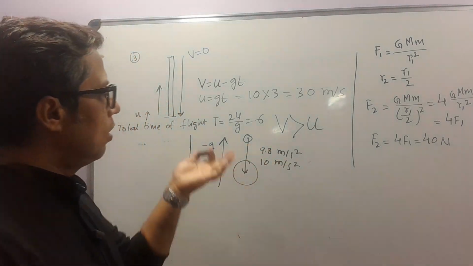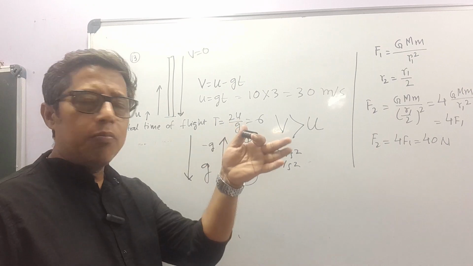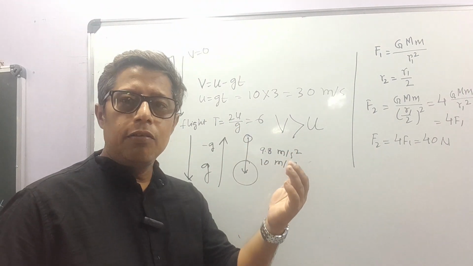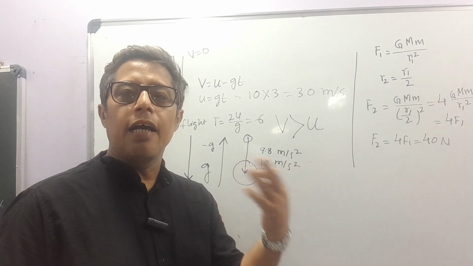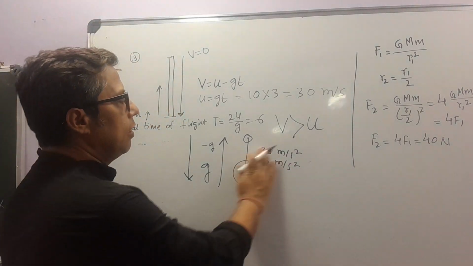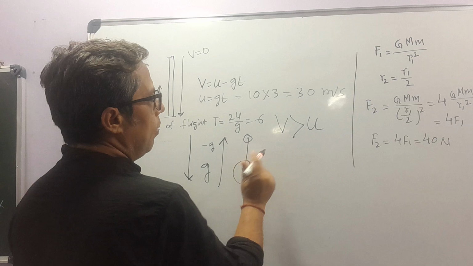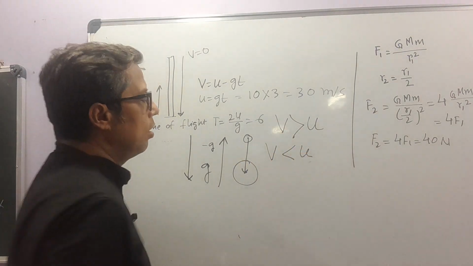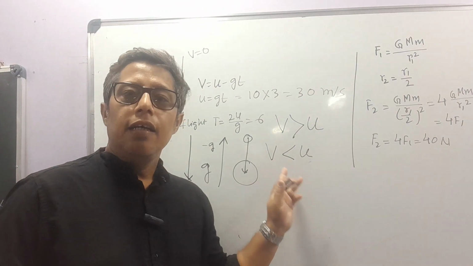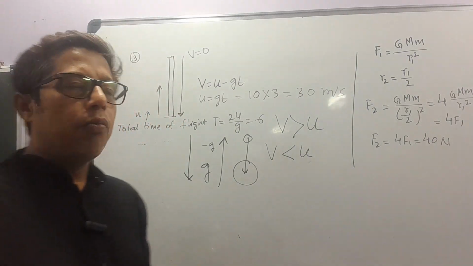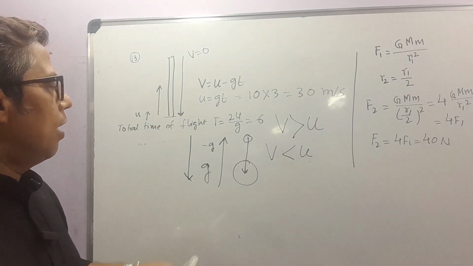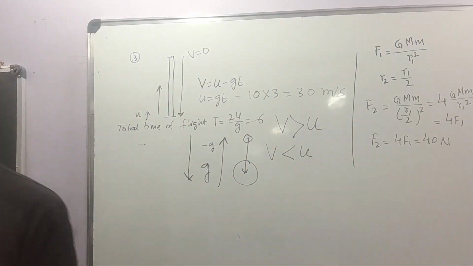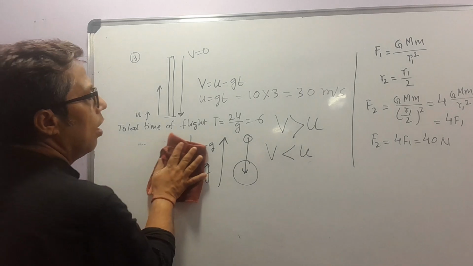But in vertical or linear motion, when the final velocity is increasing with respect to the initial velocity, we say it's accelerating motion. And when the final velocity is getting reduced compared to the initial velocity, we say it's retarding motion. Now in our case, the object is going up, so it's a retarding motion.